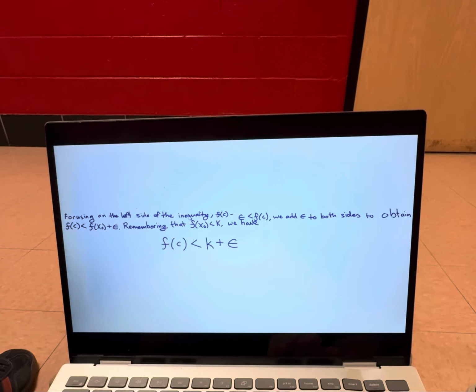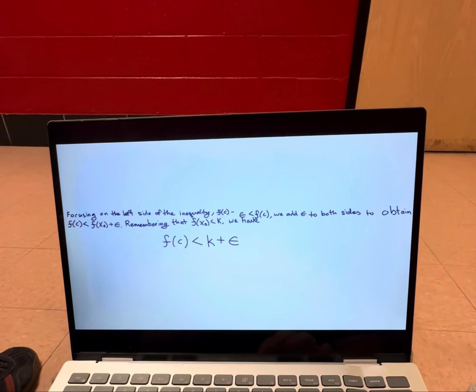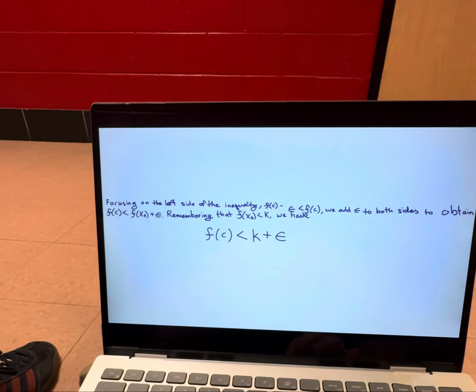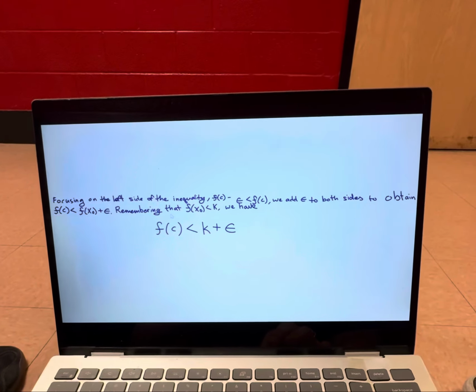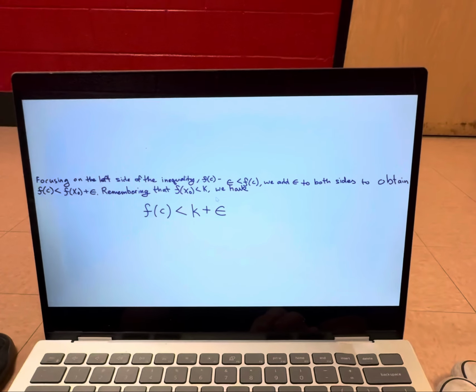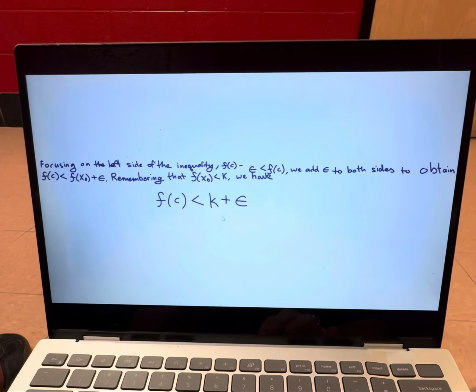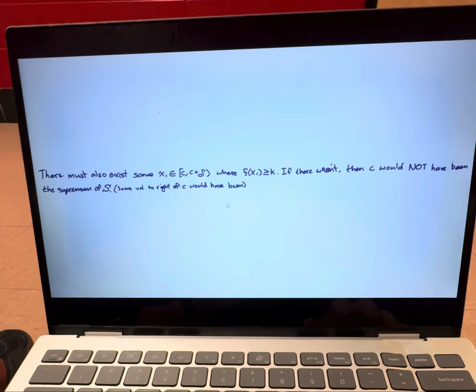When we focus on just the left side of the inequality, it yields f of c is less than f of x naught plus epsilon. And since we remember that f of x naught is less than k, we get f of c is less than k plus epsilon.